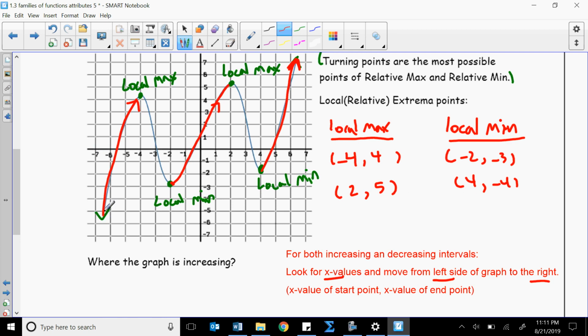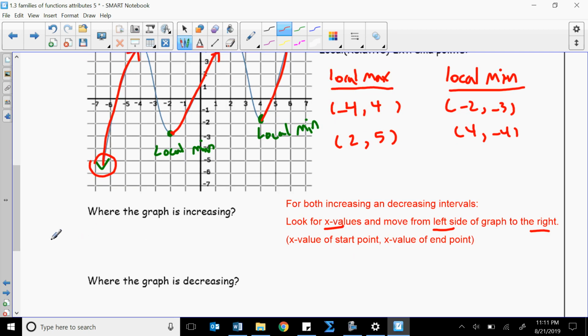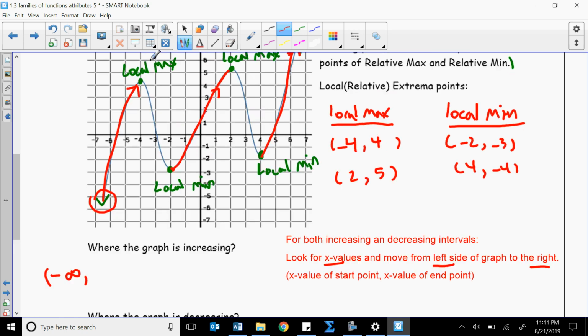It's -infinity because I have an arrow here. So I write -infinity. This was the x value of the start point. Then the x value of the end point, which is here. What is the x value at this point? It's -4. So I say from -infinity to -4, it's increasing.